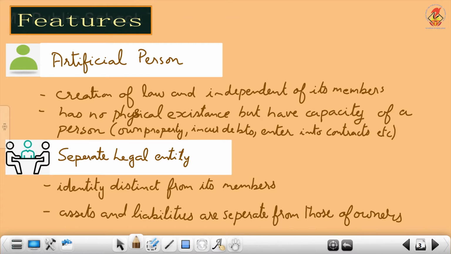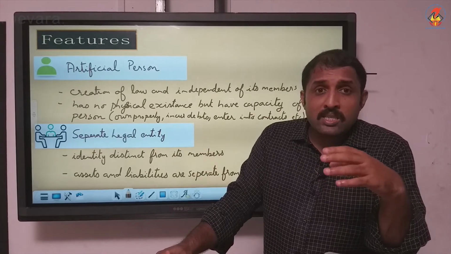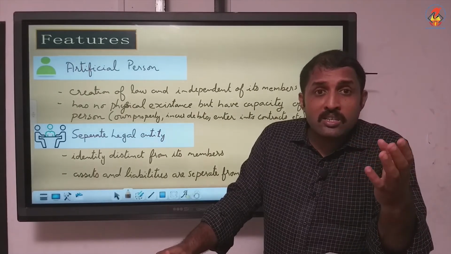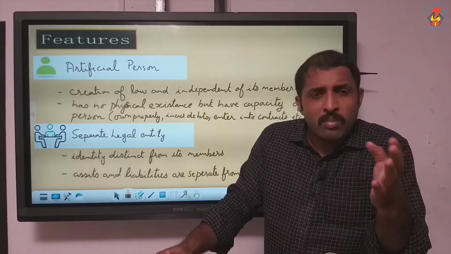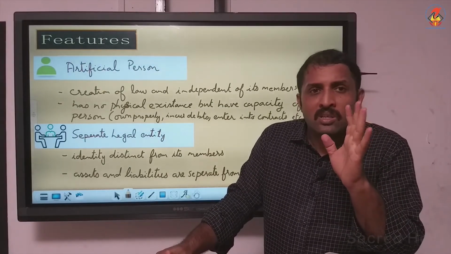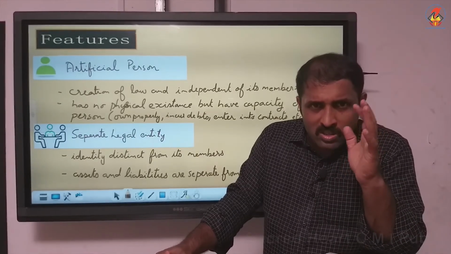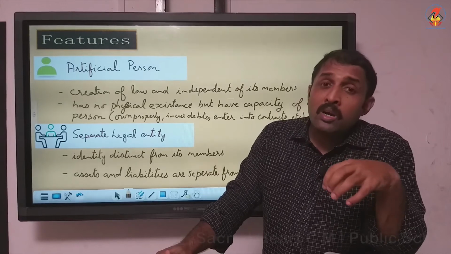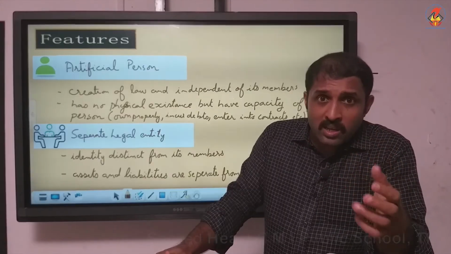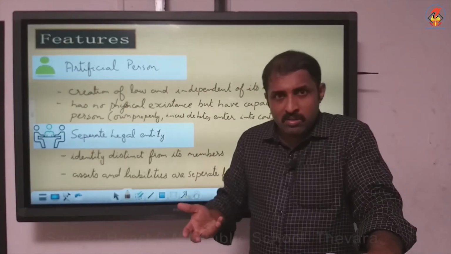Once it is registered under the provisions of the Indian Companies Act, it has an identity of a person. But one thing is, there is no physical existence for the company, but once it is registered under the Indian Companies Act, it automatically gains the capacity of a person.